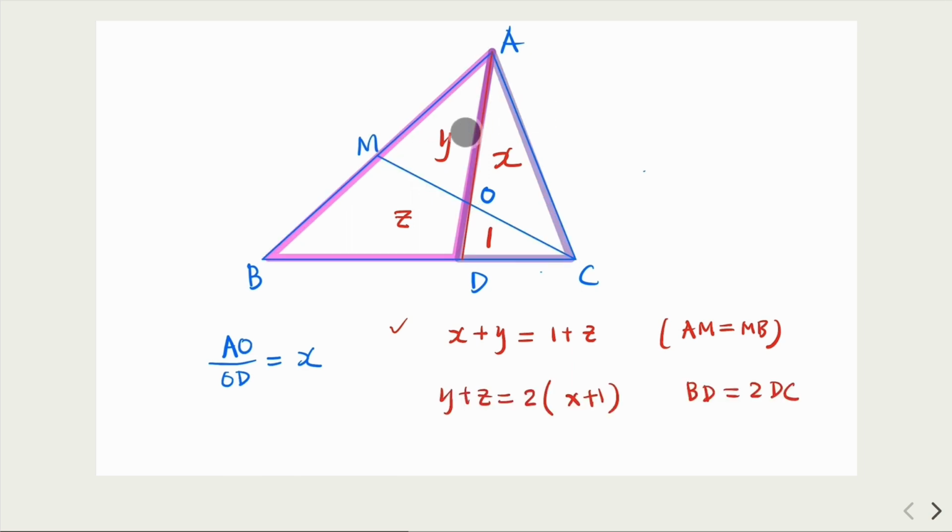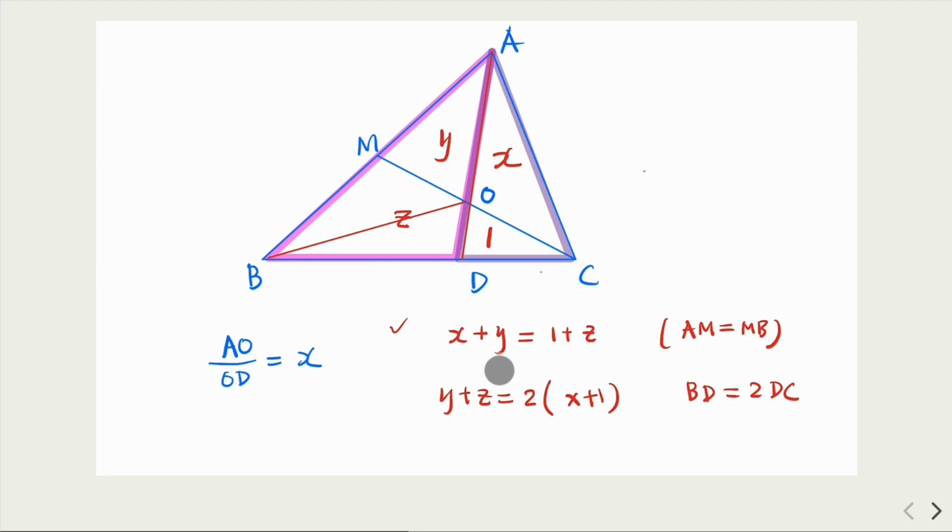Here, Y plus Z is the pink triangle. The ratio of that over X plus 1 is 2/1, because BD equals 2 of DC. The ratio here is just 2/1.